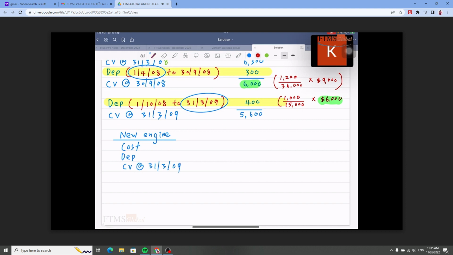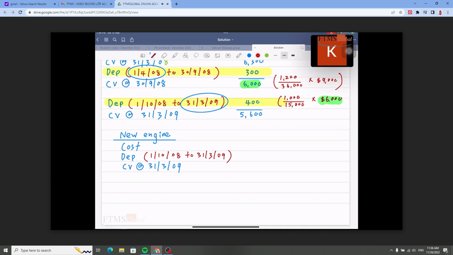Right, so depreciation, when did I buy the new engine? I bought the new engine on the happening day, 1st October 08 until 31st March 09. Okay, right. So hopefully you can find the numbers. Numbers are all in the question.